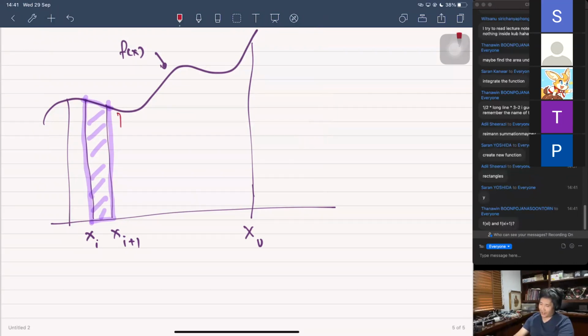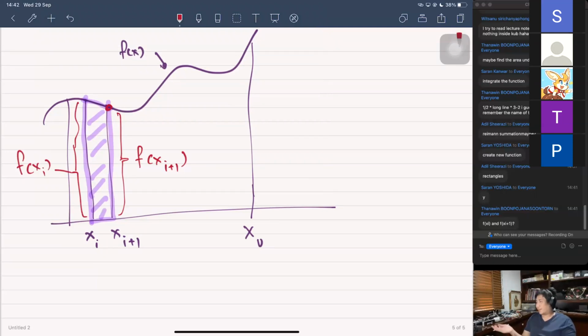Right, you need to know the height. The height over here is going to be f of xi plus 1, and the height over here is going to be f of xi. So now the rest is easy.